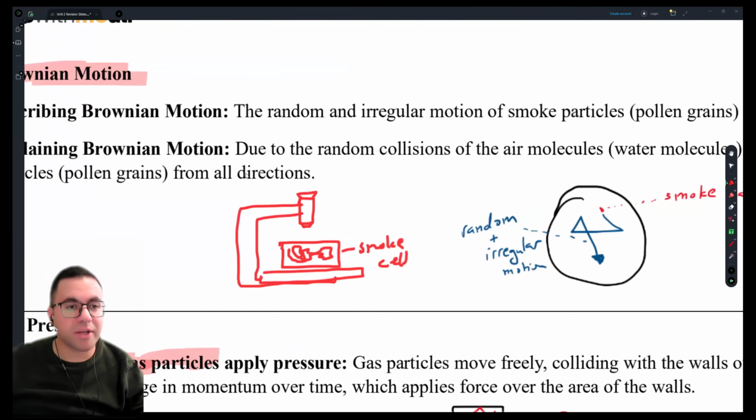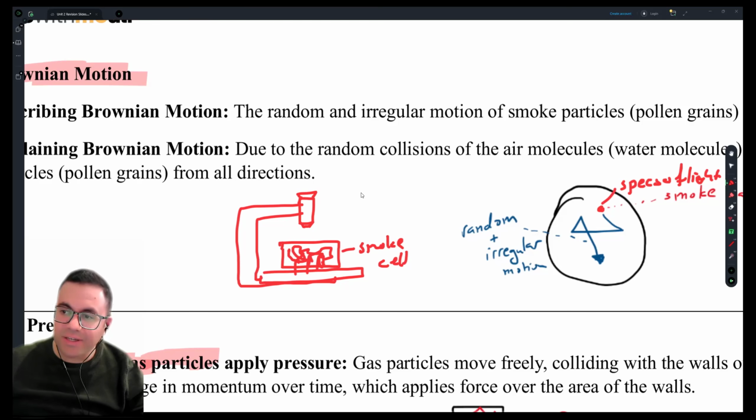And you look under a microscope, you won't see the smoke. You will see small dots of light. We call them specks of light because they reflect the light from the microscope's light source.